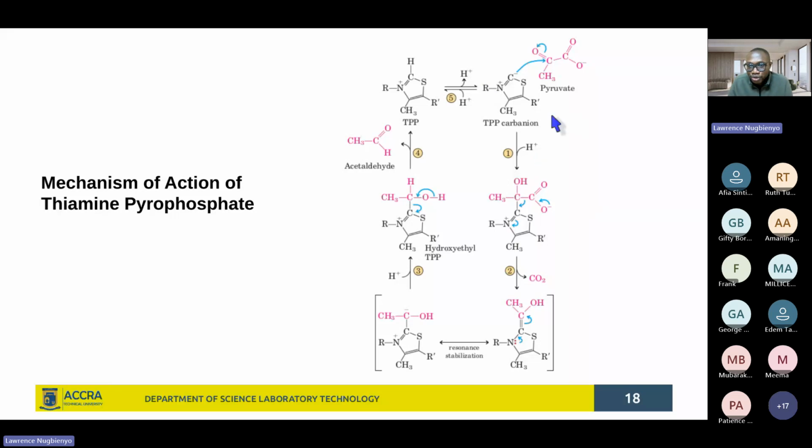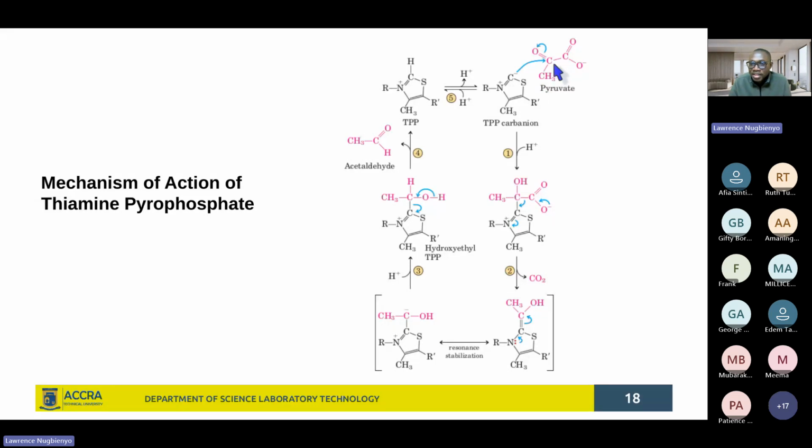Now that understood, you also remember that carbon number 2 with hydrogen on it was red. And I said it was that carbon on which the reaction will be occurring. So here you can see you now have a carbanion because the hydrogen on it is given out. So that carbon is carrying some negative charge there. And so it can have some nucleophilic attack on the substrate, pyruvate. Pyruvate is a substrate.